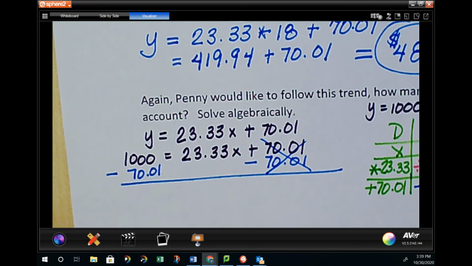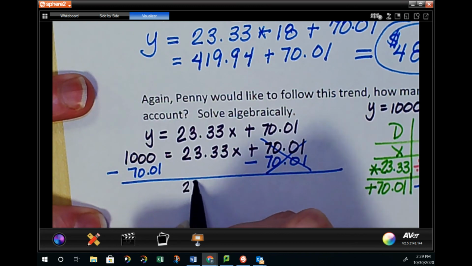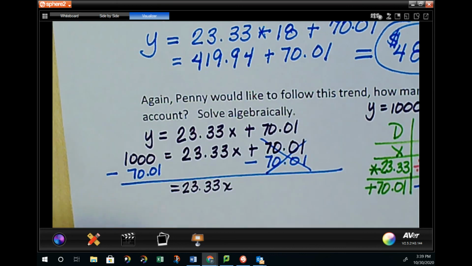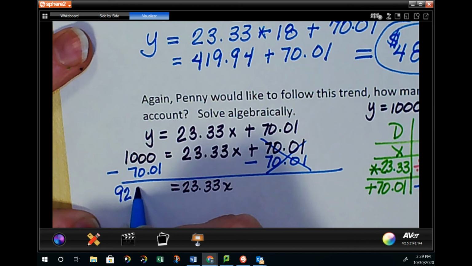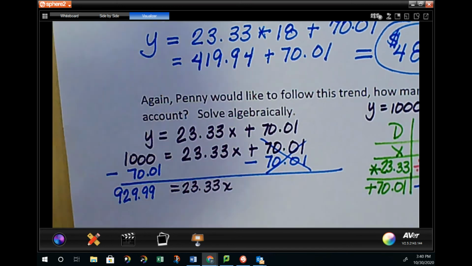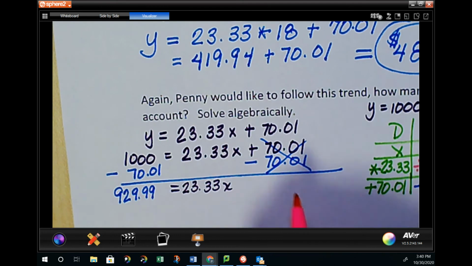Now 23.33x equals 1,000 minus 70.01, which gives me $929.99. The opposite of multiplying is dividing, because a number and a letter stuck together are multiplying.